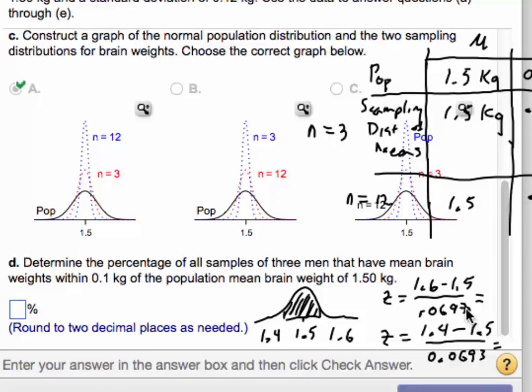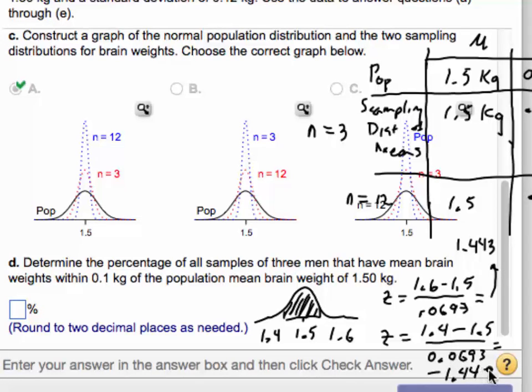Okay, what'd you get for the z-score for 0.1 divided by 0.0693? The z-score. 1.443. And then is this negative 1.443? It should be just the opposite, right? If this is 1.443, this should be negative 1.443.